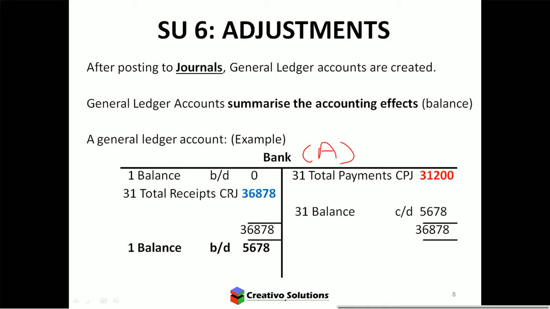Why good? Because the balance is 5,678 rand. Positive or negative? Positive. Correct. Because it's a positive balance, you're starting with 0 but ending with 5,678. That's good for the business because their cash has increased.